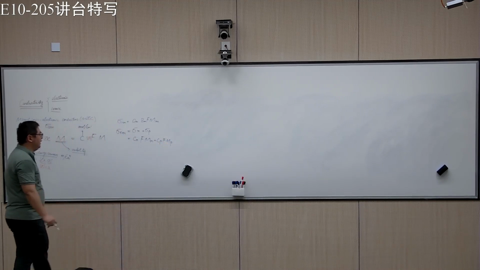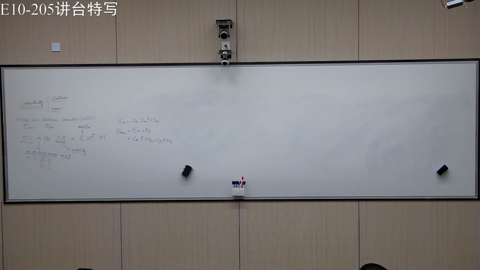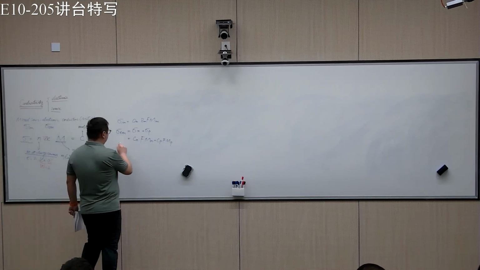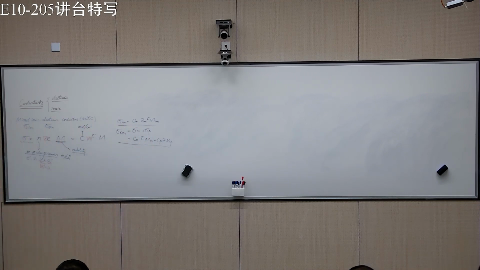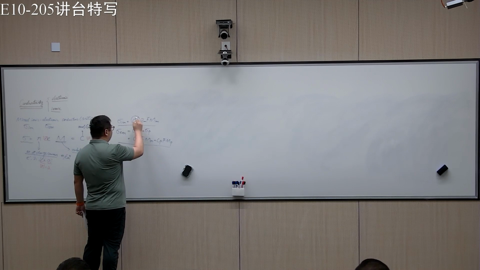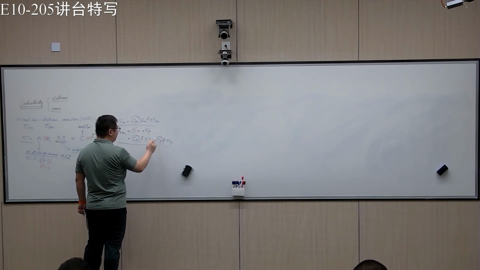So this is the expression for electrons and ions. What you can see from these equations is that the conductivities are really connected with the concentrations.